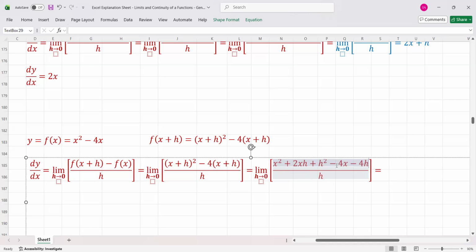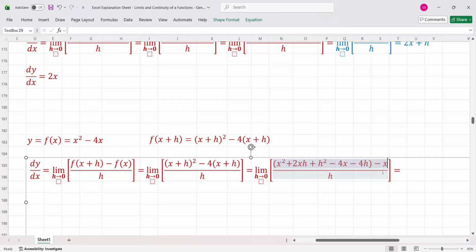Okay, so what happens when we subtract, sorry, what did I do? This whole thing is representing f of x plus h. So then we subtract the original function here, x squared minus 4x.